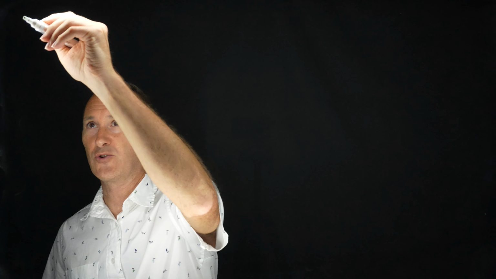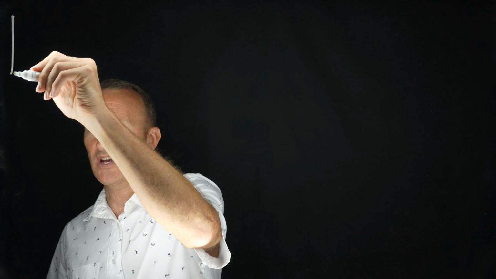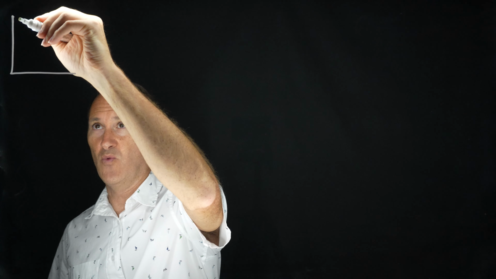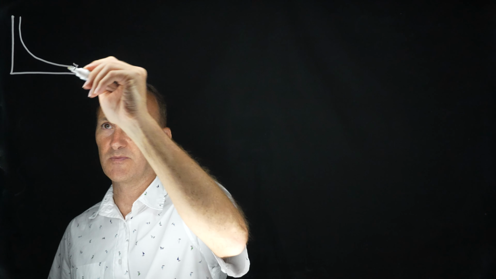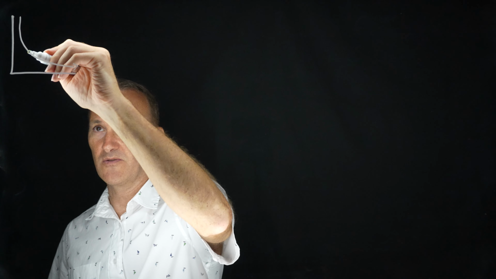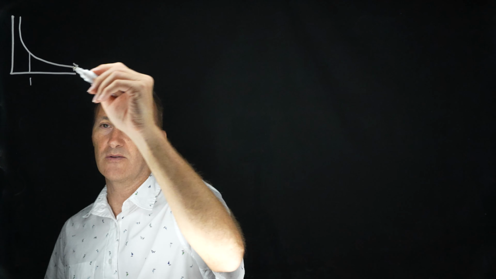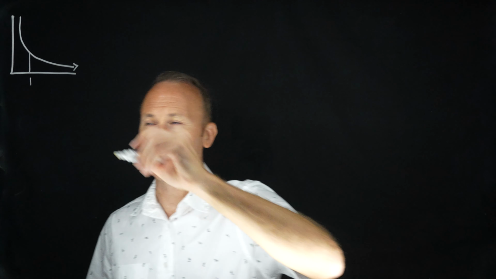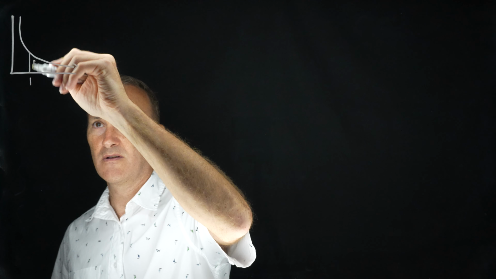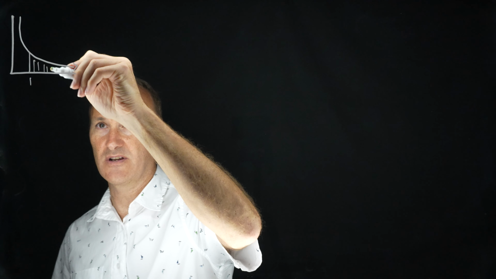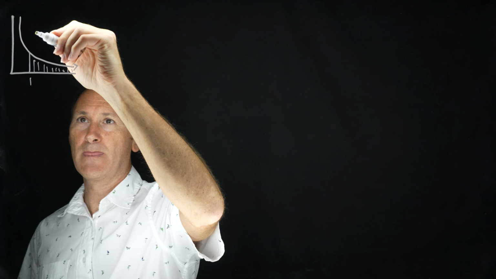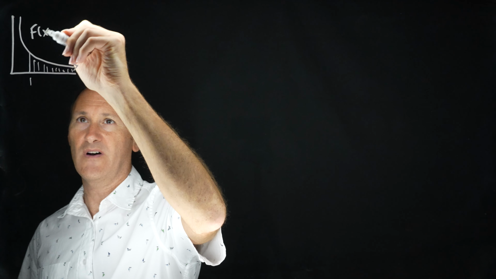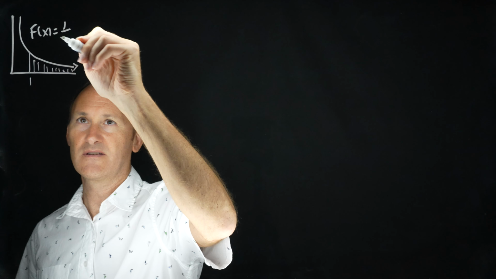Let's take a look at the graph y equals 1 over x squared, just from 1 to infinity. So this keeps going, some value of 1 here, and we want to know what's the area under this curve. And I think the big question here is, if it goes to infinity, is the area finite or is it infinite?